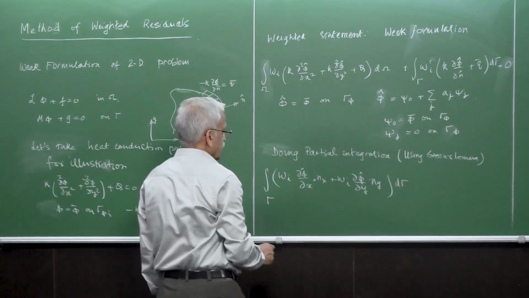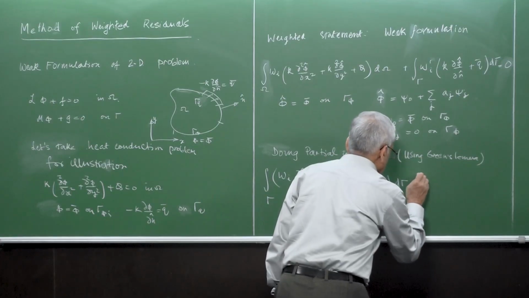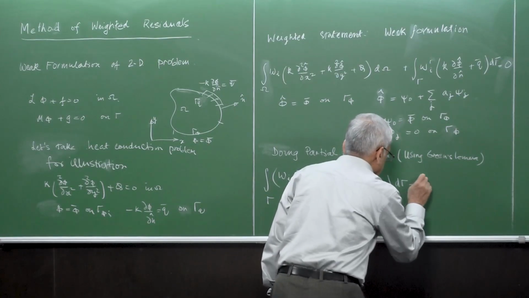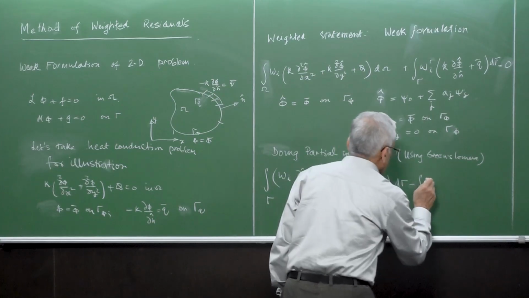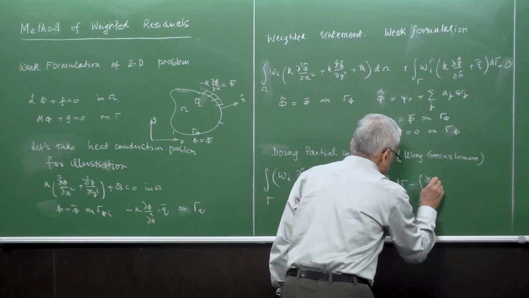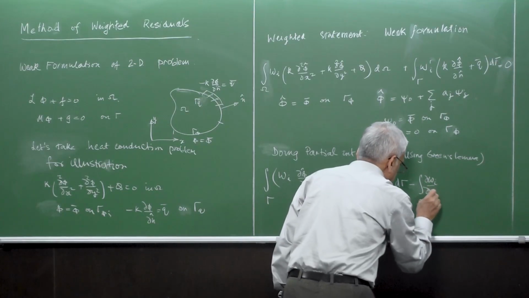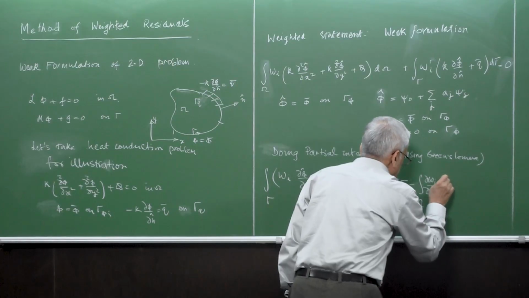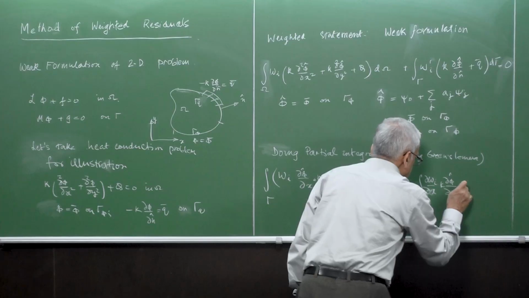And then it also will give you, with a negative sign, on omega, dou Wi by dou x, k dou phi by dou x, plus the corresponding y term.